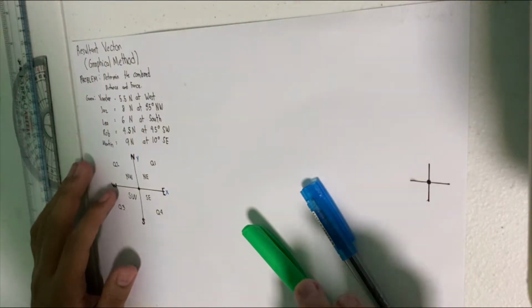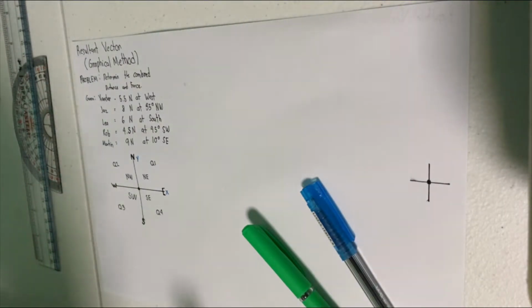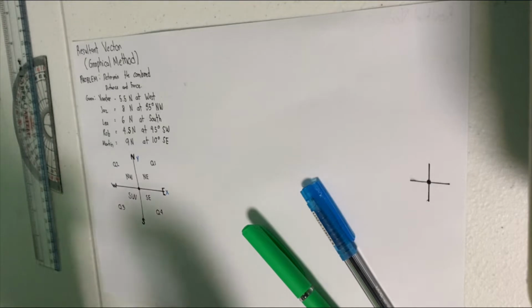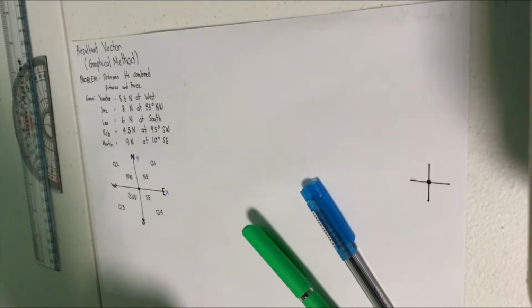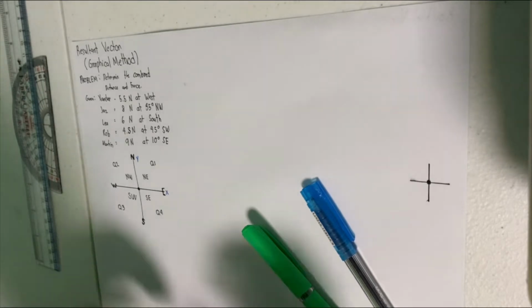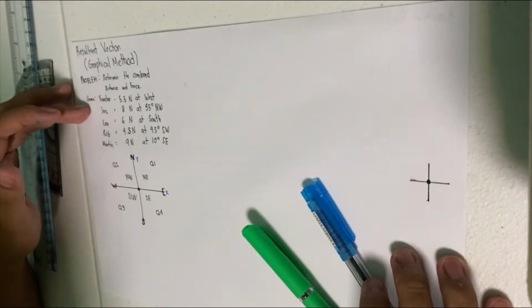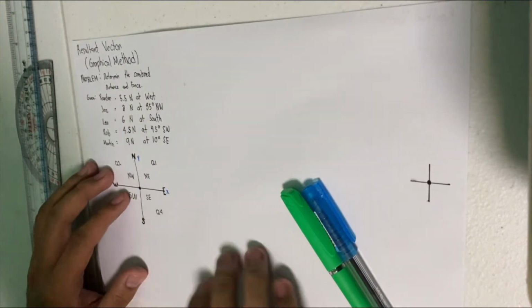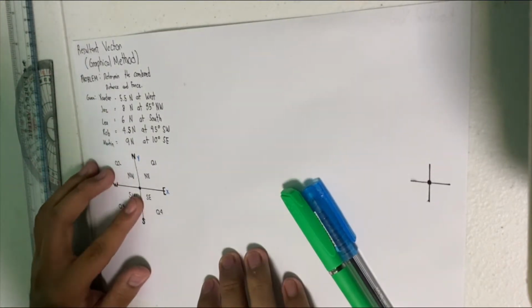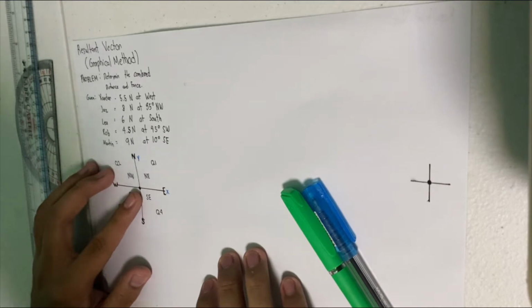After we discuss the problem which we are solving with the graphical and component methods of the resultant vector, the first thing that we need to know before we start solving is the problem given and this map. This is where you can find the direction that you need in terms of graphing.